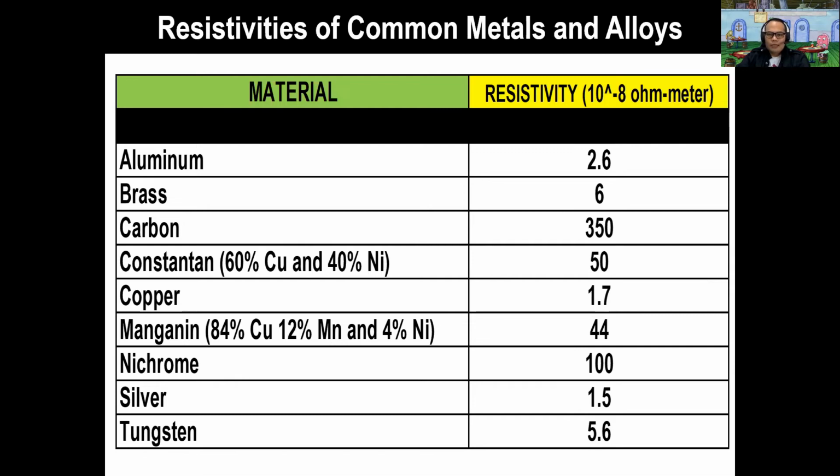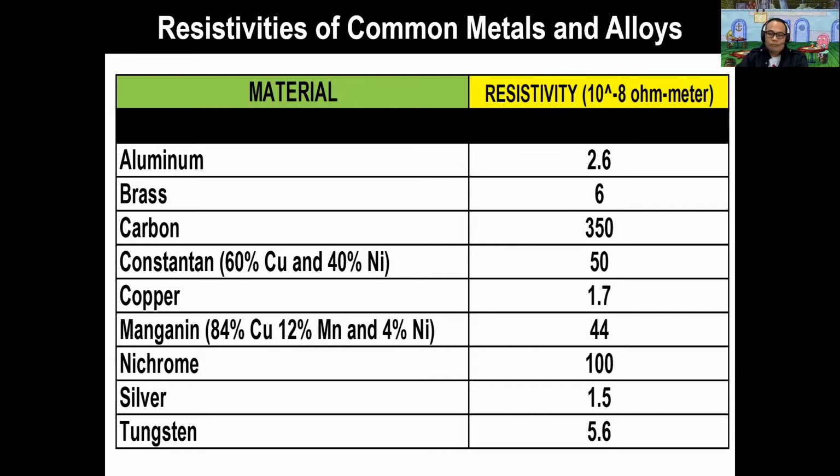Okay. Typically, you are not expected to memorize the resistivity values of these. But maybe during your design phase in the near future, when you are going to deal with these common metals and alloys, and during simulation or mixing of ingredients, creating composites, or prototyping, you might be oriented again with these resistivity values.